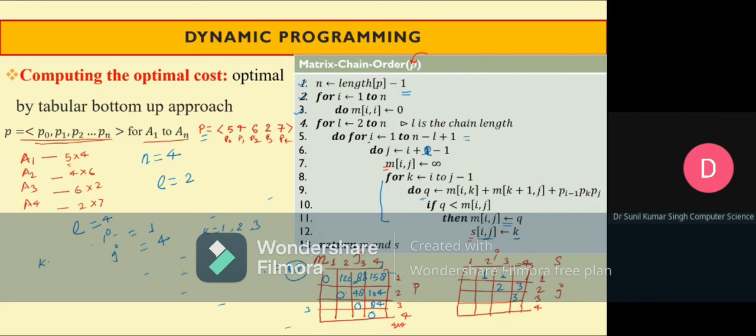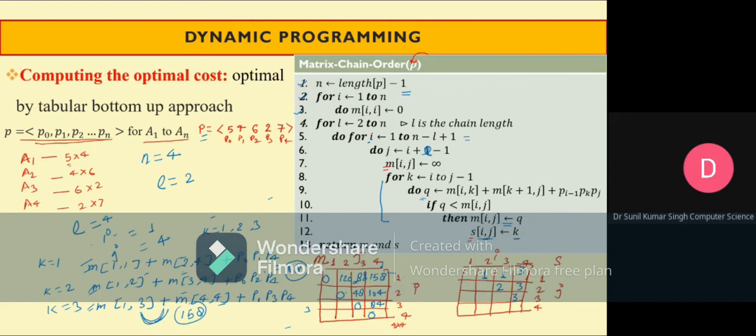So for k is equal to 1, after computing this one, you'll find that this is giving the least value, and it is 158. You can see the value of k is 3. So here k is equal to 3 will come, and it is 158.